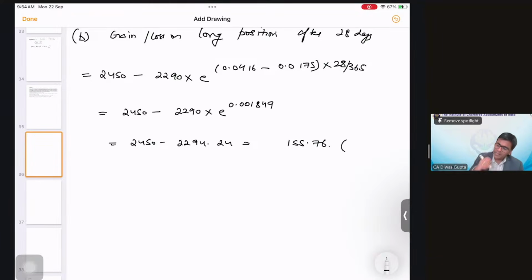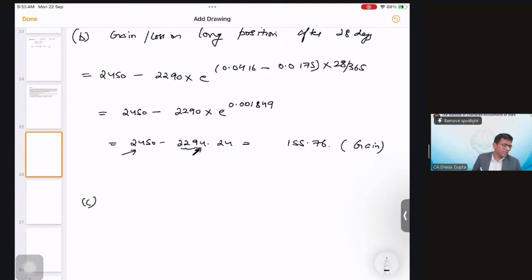This will be a gain or will be a loss? Come on, students, tell me. You have taken a long position. The price is higher. So will it be a gain? Will it be a loss? Gain. It will be gain. It will not be a loss. Why? Because the actual price in the market is higher than your computed price, right? Or let's say your future value at which you have entered is 2294, whereas the actual price is higher.